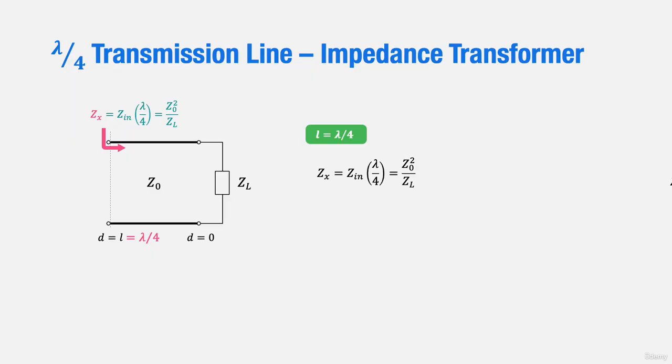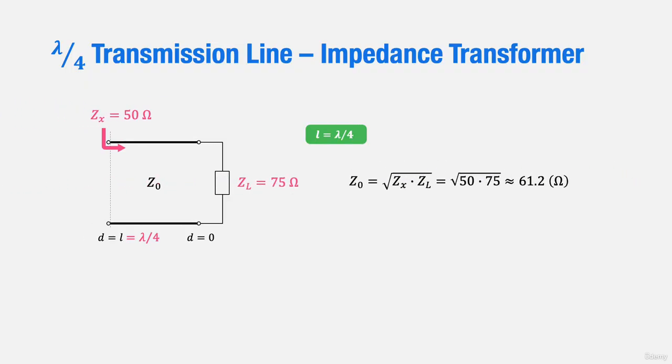The line impedance Z0 should be designed as the square root of ZX times ZL, where ZX represents the target impedance. For example, 75 ohm is the standard impedance for a cable system. Suppose we are currently designing a cable TV system that requires interfacing with a typical 50 ohm system.